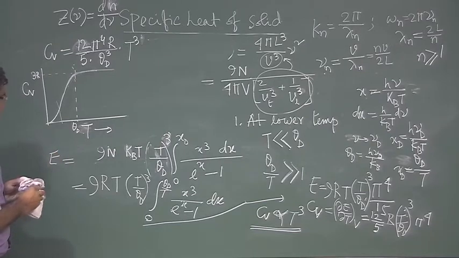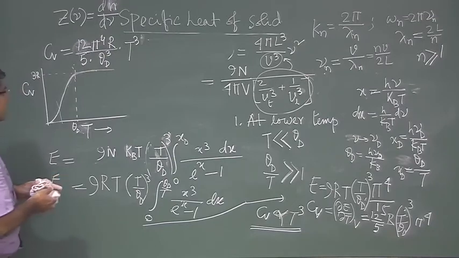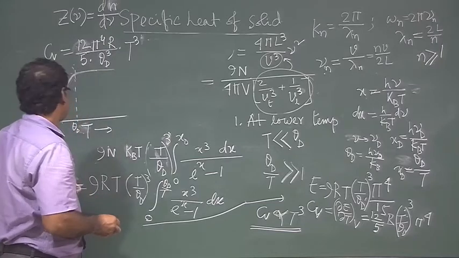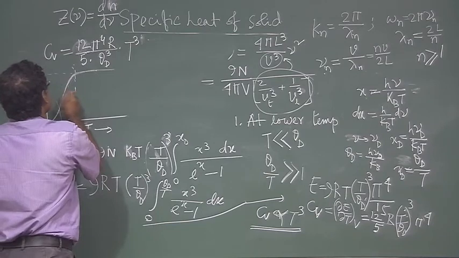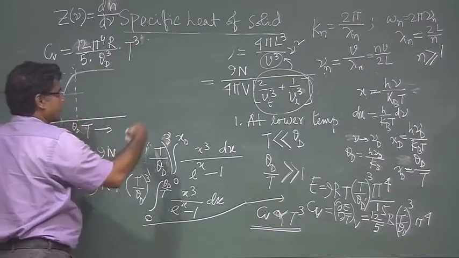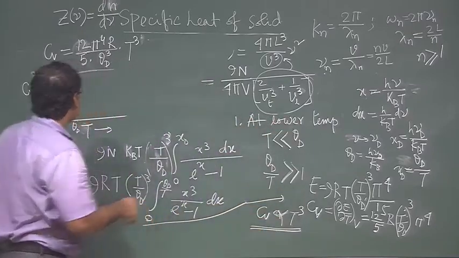Okay. So, this is the energy. One has to integrate, but I will not integrate. That is your homework. After you integrate you will get CV for this region, or in general for the whole range without considering the high temperature or low temperature limit.